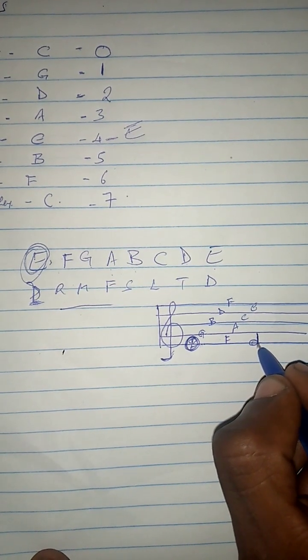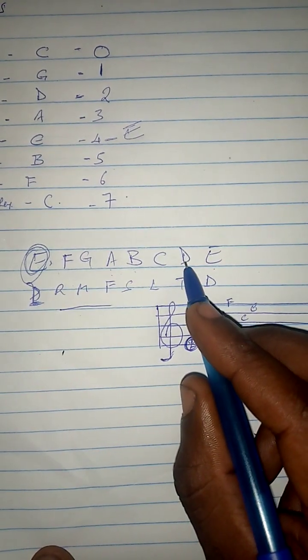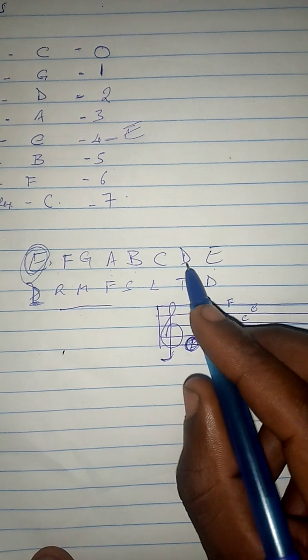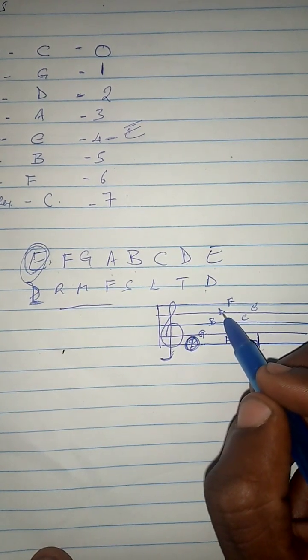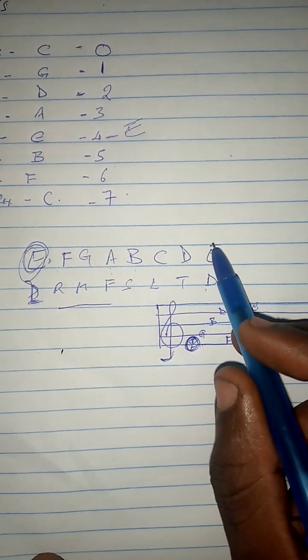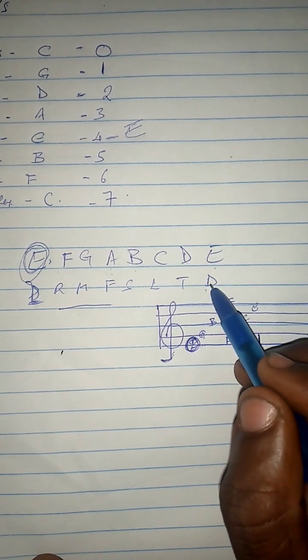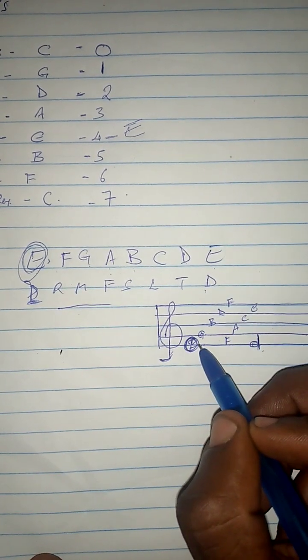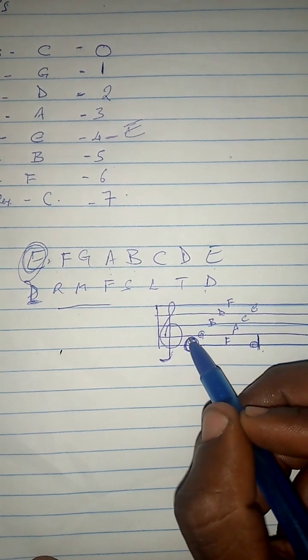Remember, for example, if we had D as our leading note, we could replace do where we have D. But in our example, we have our leading note as E. So our do, which is our leading note, is at the line or space where our E is, and our E is in line 1.